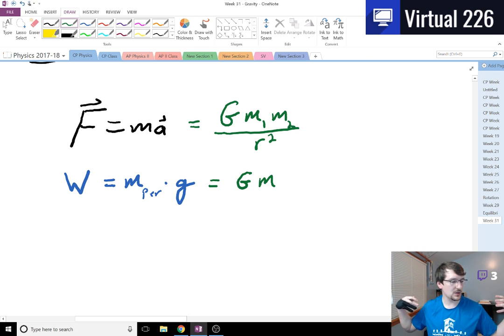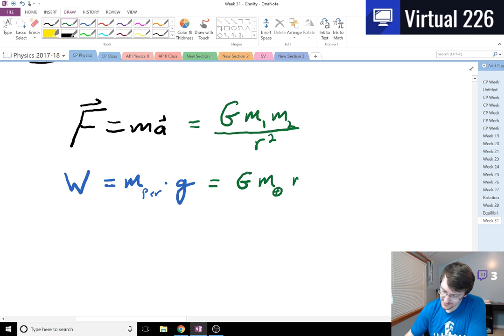And if we think about my weight pulling down on me, what's also happening is I'm pulling up on the Earth. So the Earth, which remember is the symbol of a circle with a plus, is one of our masses. And our second mass here is the mass of the person. And this all needs to be divided by, well, let's take a look.